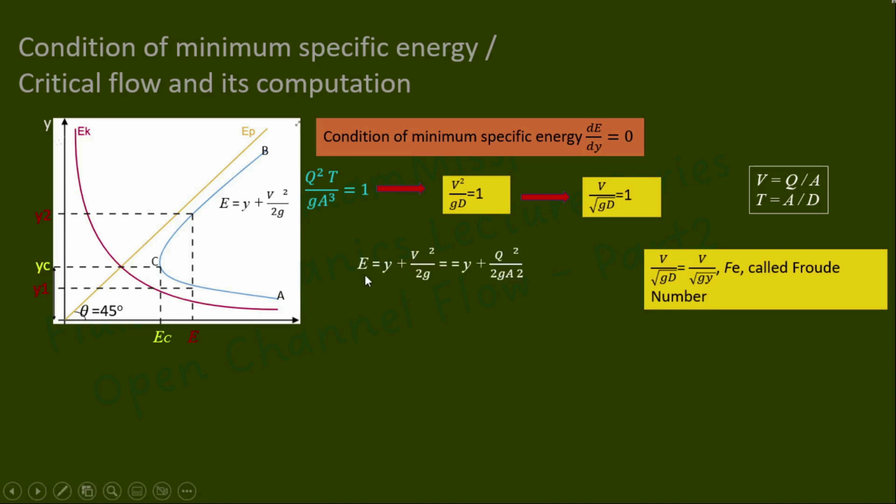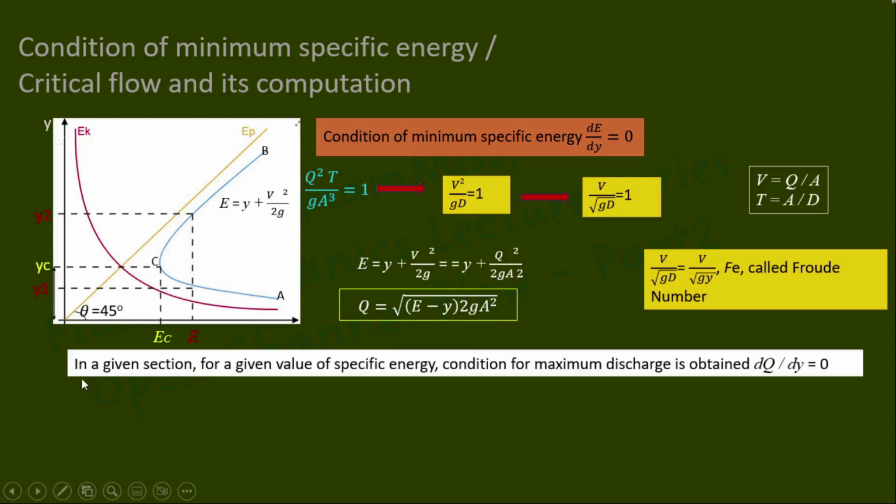The expression for E equals y plus V square by 2g, that is equal to y plus Q square by 2gA square. We can express this in terms of Q as Q equals root of (E minus y) into 2gA square. In a given channel section, for a given value of specific energy, the condition of maximum discharge is obtained by taking dQ by dy equal to 0.